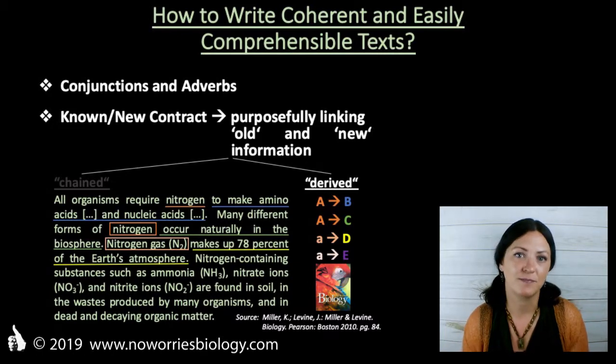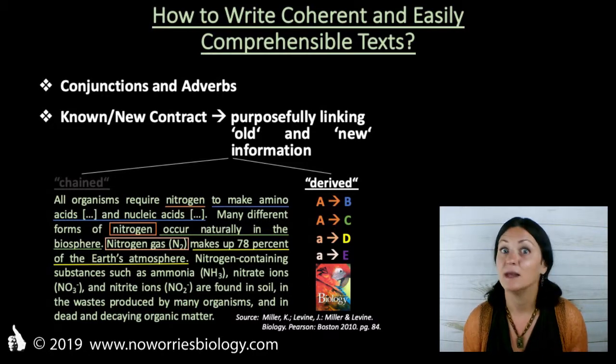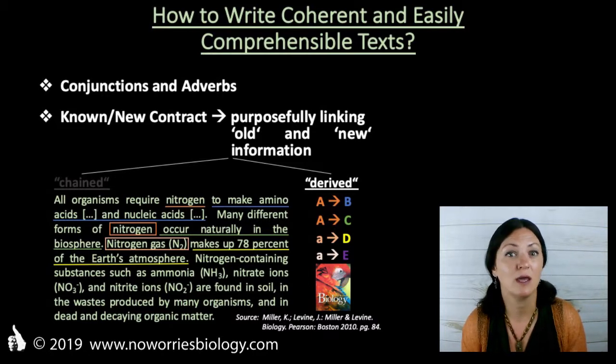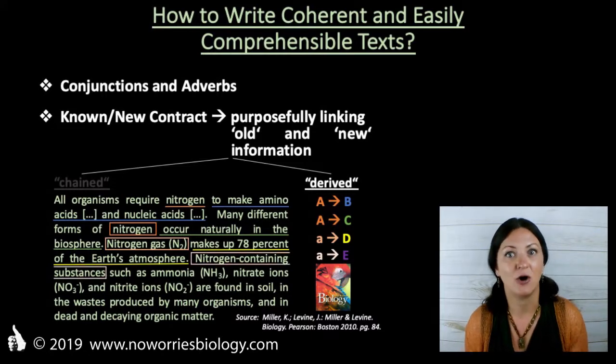The text goes on. Nitrogen-containing substances such as ammonia, nitrate ions, and nitrite ions are found in soil, in the wastes produced by many organisms, and in dead and decaying organic matter. Here, we are still talking about nitrogen, but about another subset of the original topic, nitrogen-containing substances.